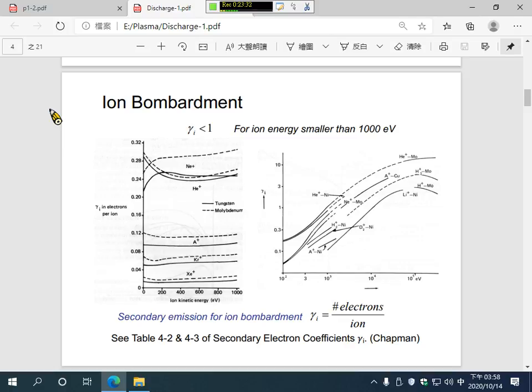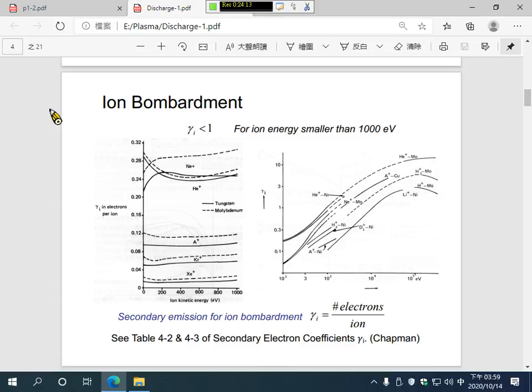If you increase the ion energy from 100 volts to 1,000 volts, you can see the secondary emission for ion bombardment will also increase, and even when you increase the energy of the ion beam to 10,000 electron volts, the secondary emission will also increase, up to a few digits, okay.